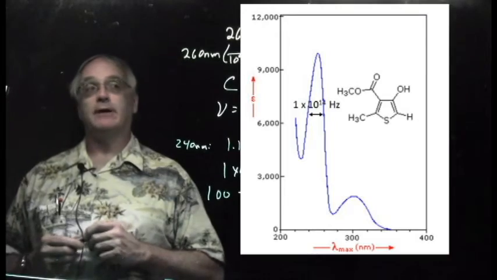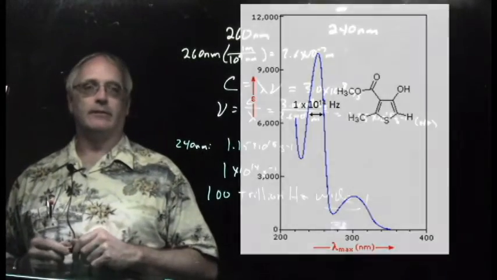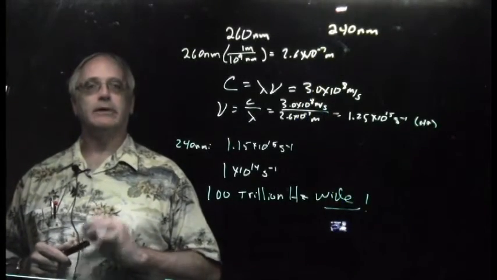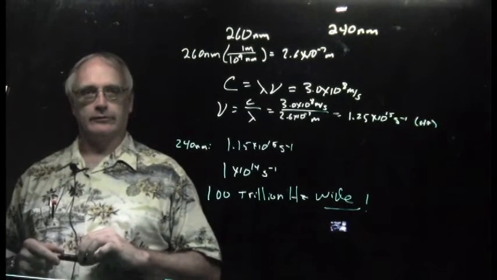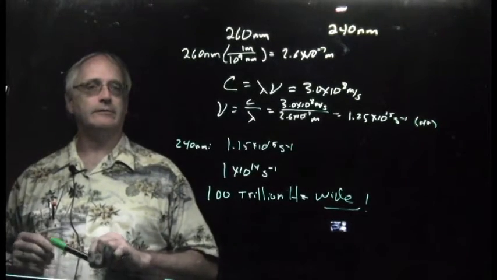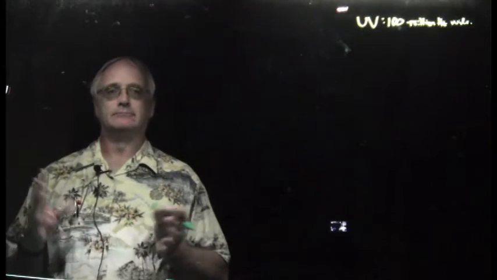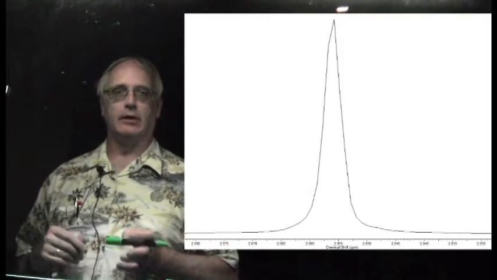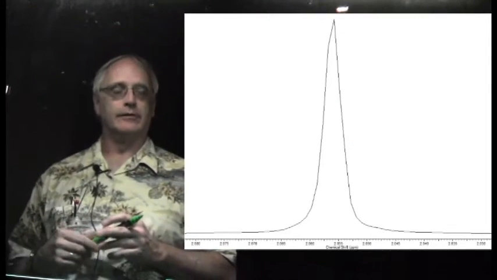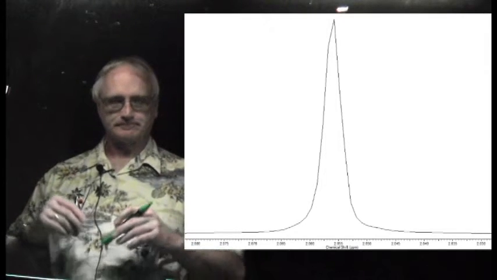Now I want to compare these kinds of numbers to what we see when we measure NMR spectra. Take a look at this peak. This is the methyl singlet from methyl ethyl ketone, our reference standard that we've come to know and love over the time we've been in this course.